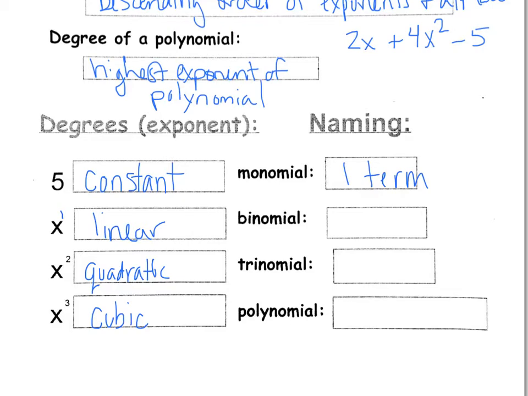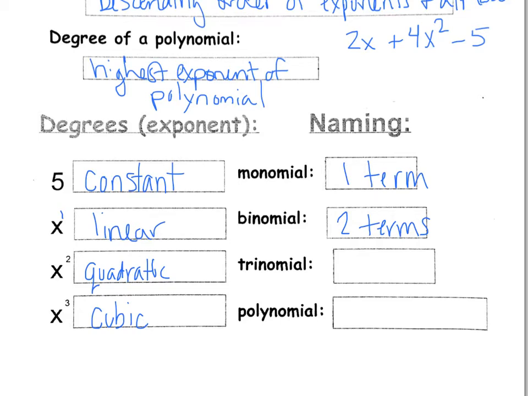Anything with two terms would be considered binomial. Bi for two, like bicycle, which has 2 wheels. Binomial, 2 terms. Tri, like a tricycle, which has 3 wheels.